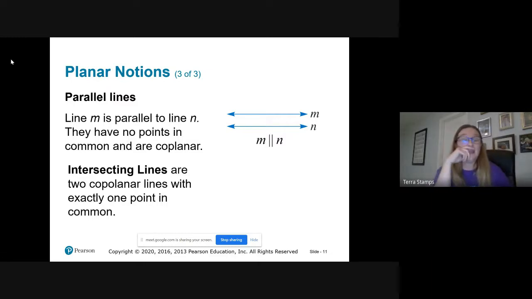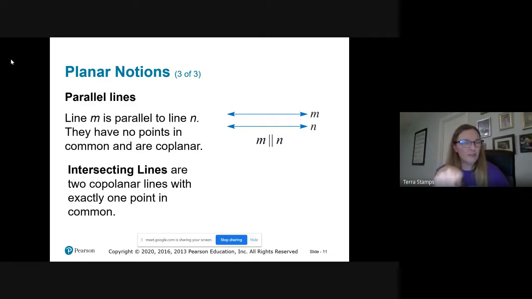Parallel lines. You guys know what parallel lines are, right? Line M is parallel to line N. You write that with 2 little vertical bars. It means that they don't intersect and they are coplanar. They're together in a plane. Intersecting lines are 2 coplanar lines with exactly 1 point in common.